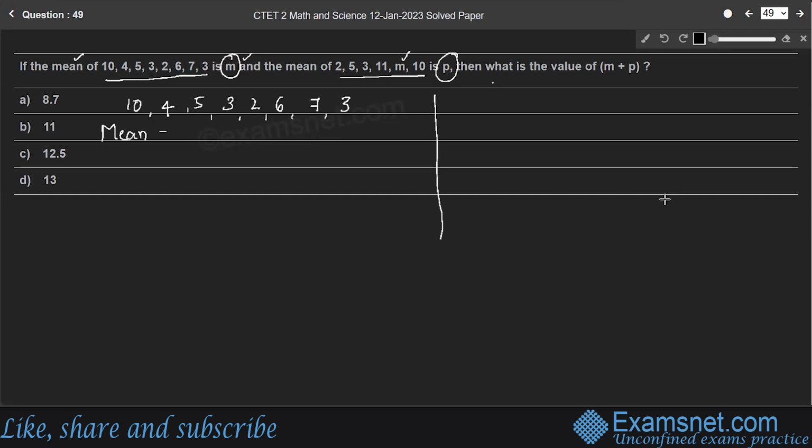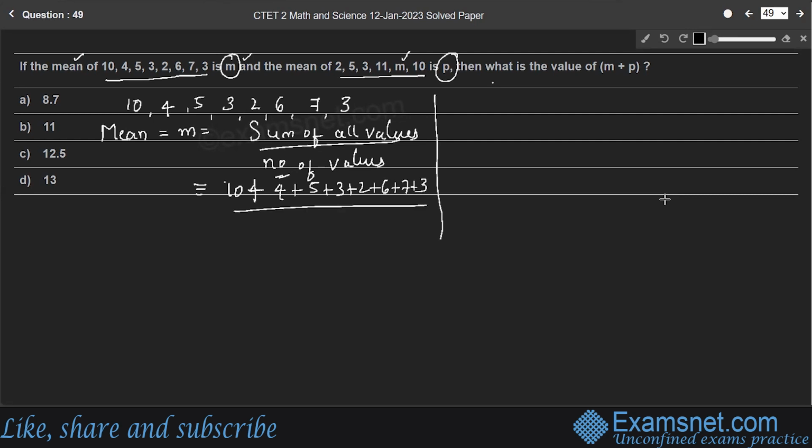So mean of the first observation M is equal to, the formula says, sum of all values divided by number of values, or sum of observations divided by number of observations. Both are same. Here sum of the values given: 10 plus 4 plus 5 plus 3 plus 2 plus 6 plus 7 plus 3 divided by, so there are 3 plus 3, 6 plus 2, 8 observations, right?